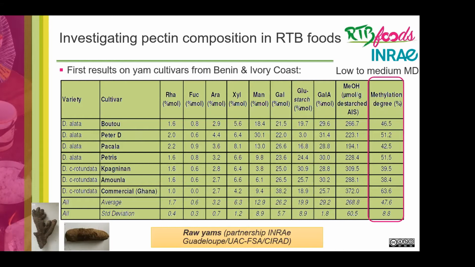So if you remember, I told you that methylated pectins and unmethylated low methoxyl pectin don't really undergo the same processes. So if we do not have that much methylated pectin, we may not have that much beta elimination, leading to a textural loss.